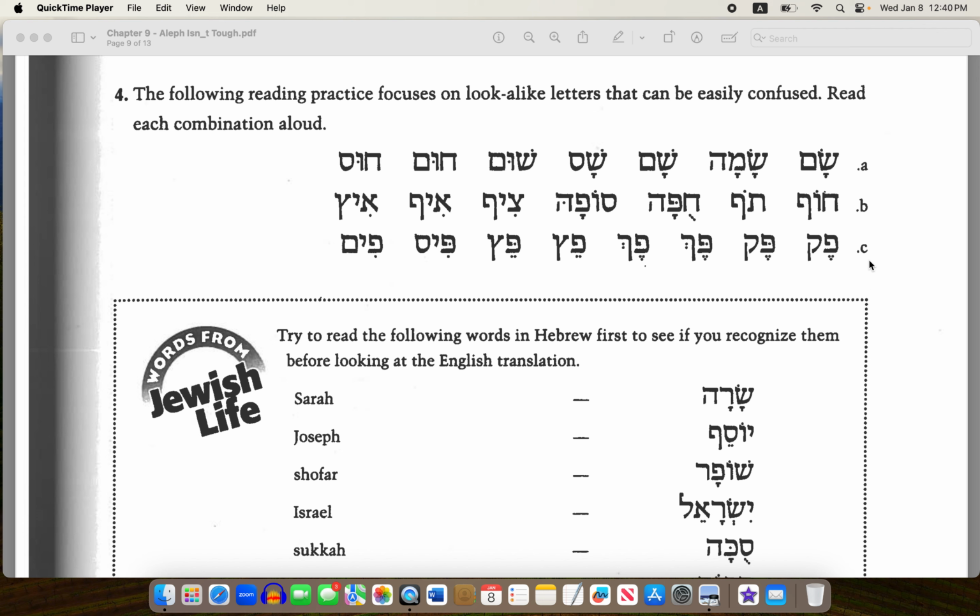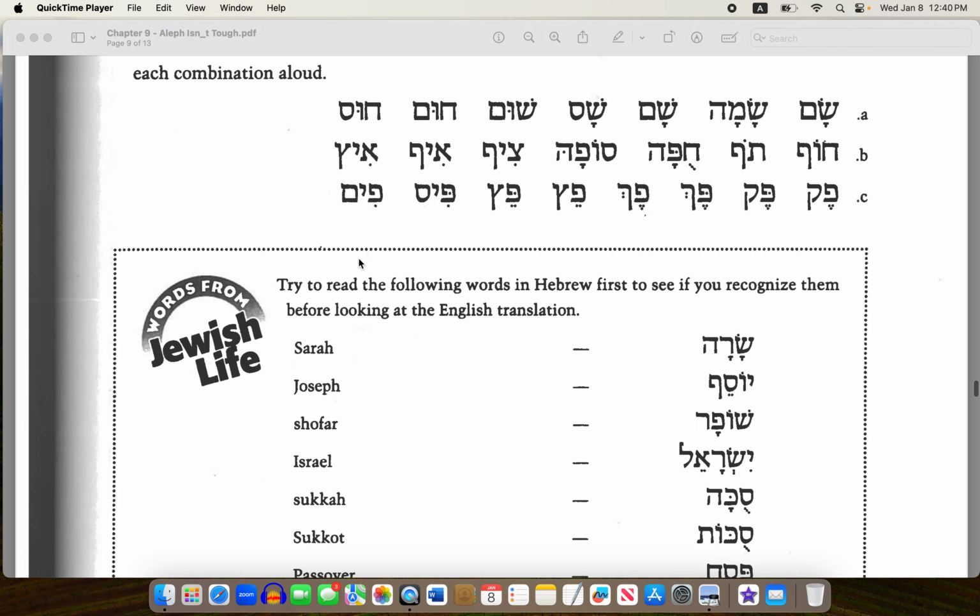Line C. Feck, Peck, Pech, Fech, Fates, Pates, Peace, Theme.